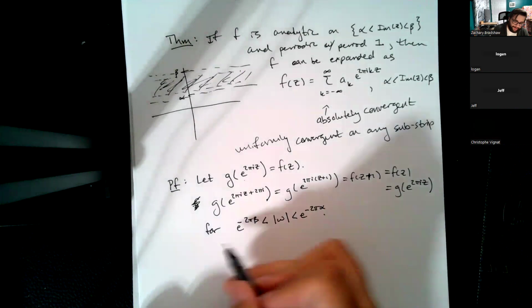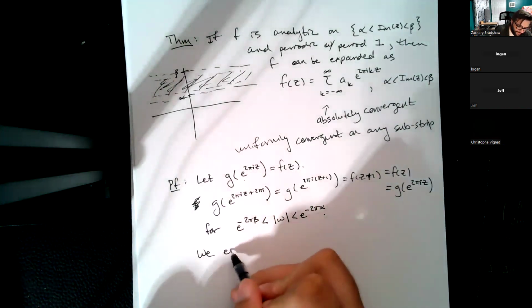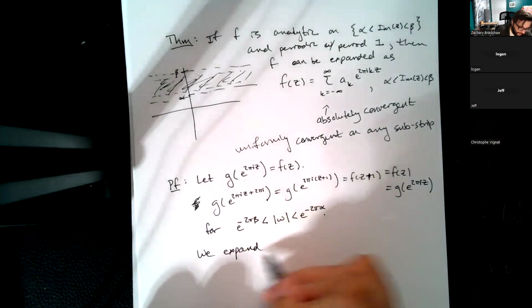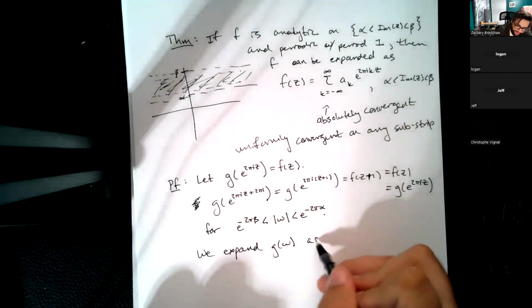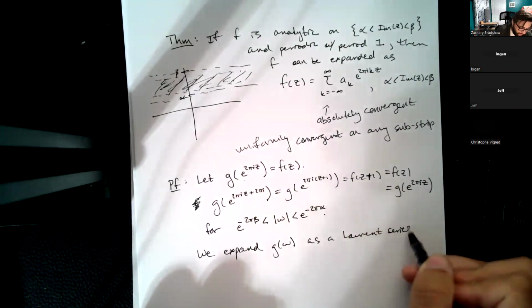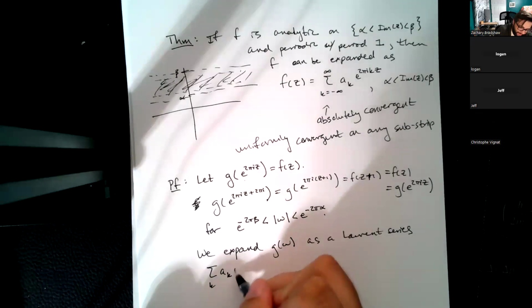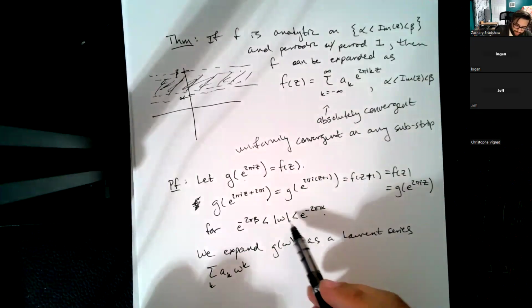Now, since it's analytic in this annulus, it has a Laurent series. We expand G of omega as a Laurent series. So let's say it's the sum over k of a_k omega to the k.